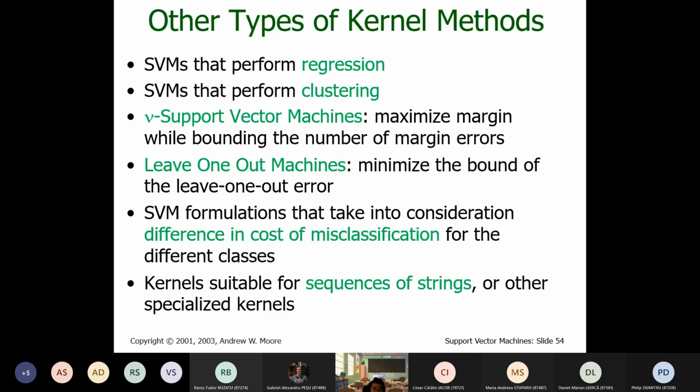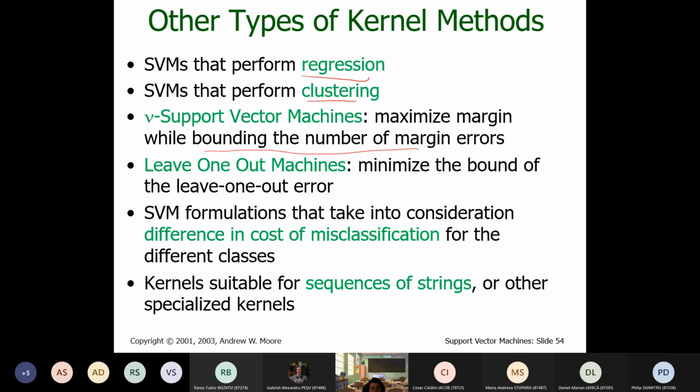There are also other types of kernels. There are kernels for regression. There are other types of SVMs: SVMs for regression, SVMs for clustering, micro SVMs that will maximize the margin while bounding the number of margin errors. So it's somehow in between soft margin and hard margin SVM.